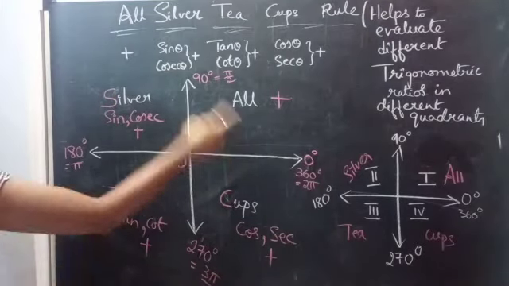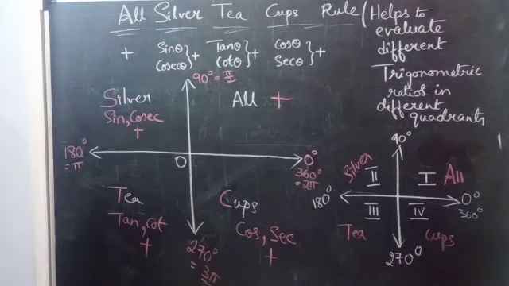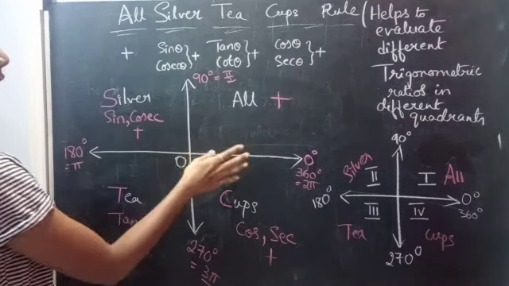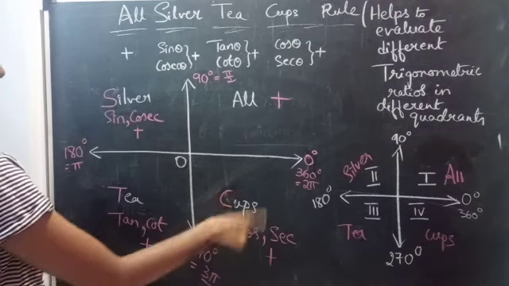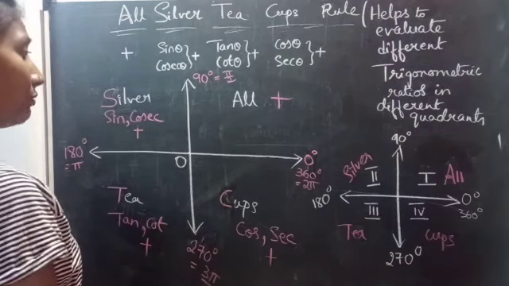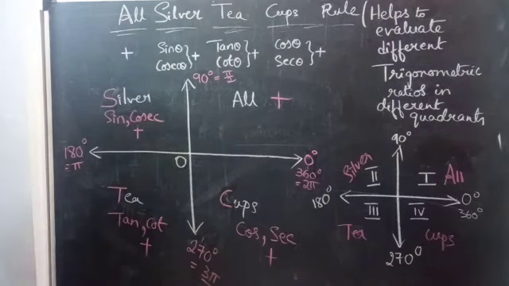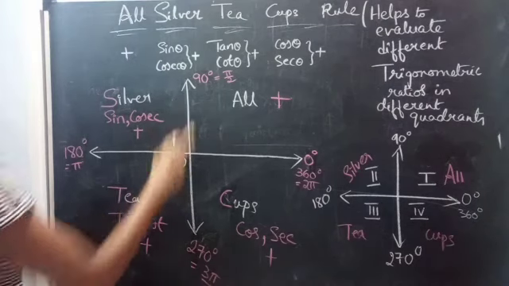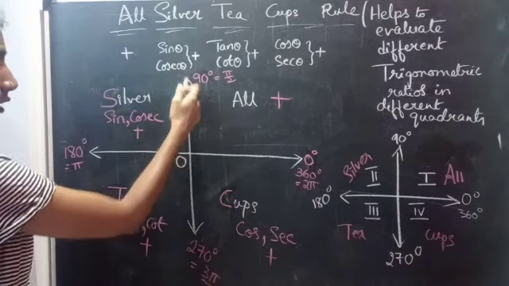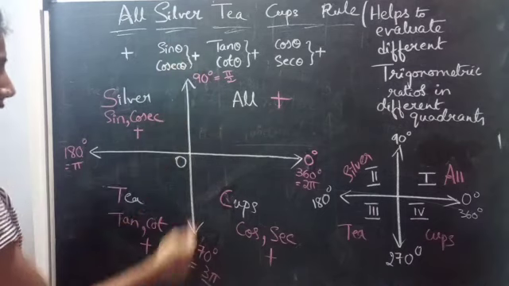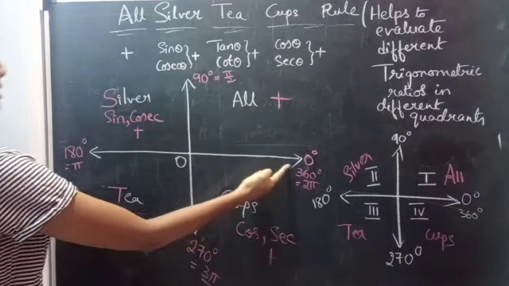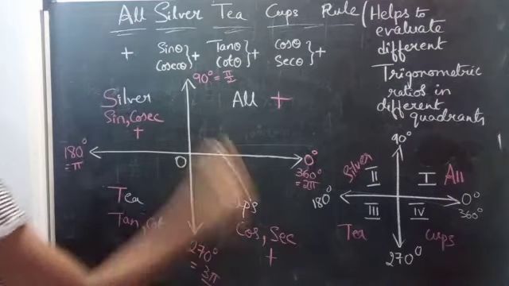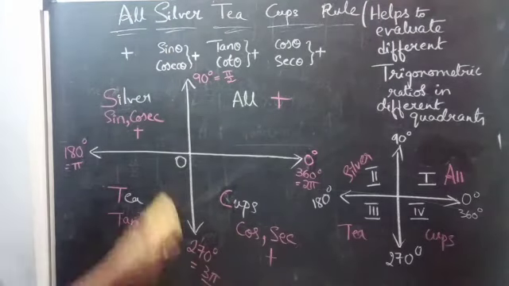Now we are going to find trigonometric ratios in different quadrants. The y-axis is for 90 and 270, and the x-axis is for 0, 180, and 360. Just remember this.